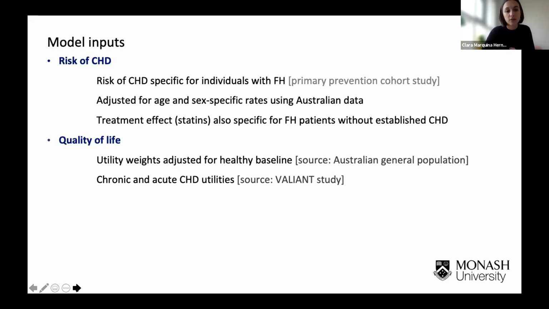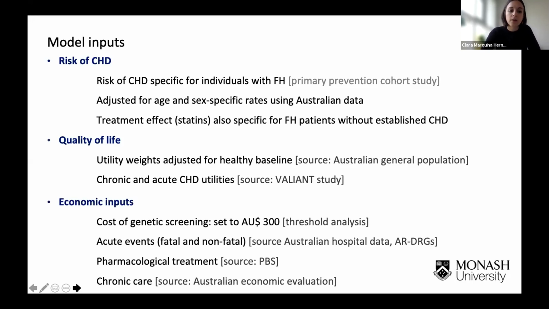Now, regarding quality of life, all the utility weights in the model are adjusted for a healthy baseline. And we did that using an Australian general population. And the chronic and acute coronary heart disease utilities are from the Valiant study. And they measure quality of life 6 months, I think 12 months, and 24 months after a non-fatal event.